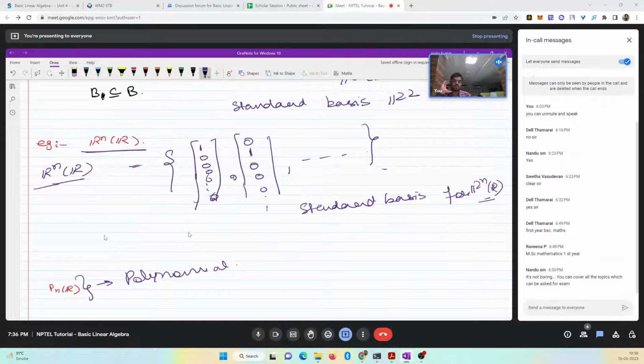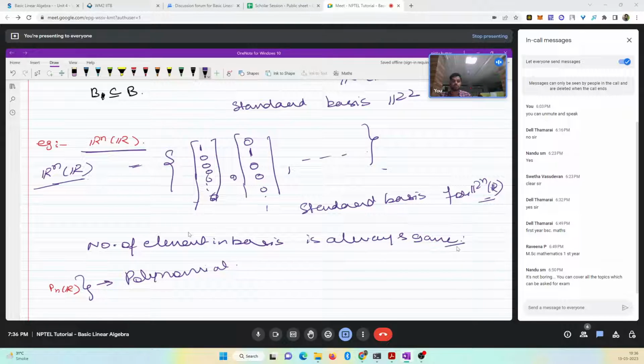For the same set, you can have different bases. But the number of elements in a basis is always the same. This is something to remember.